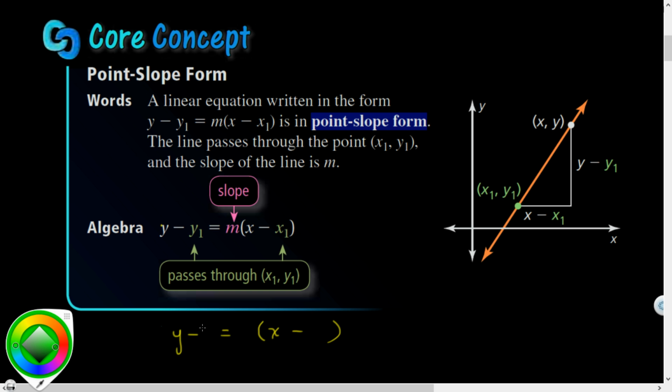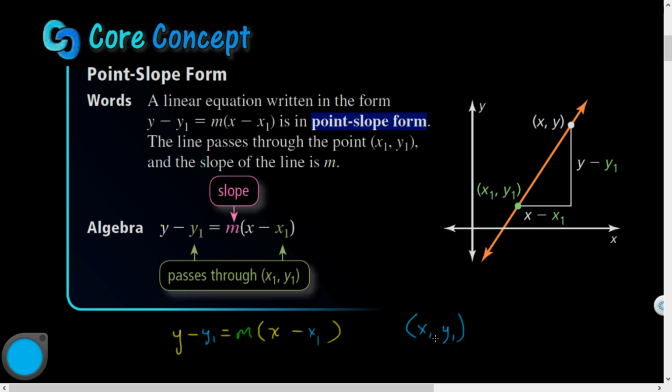I would still need the slope, and then I would need my y1 and x1, where x1, y1 happens to be a point that my line passes through, and it has the given slope. So it allows me to work from my starting point not being locked to the y-axis. I can actually have a starting point anywhere on the grid.